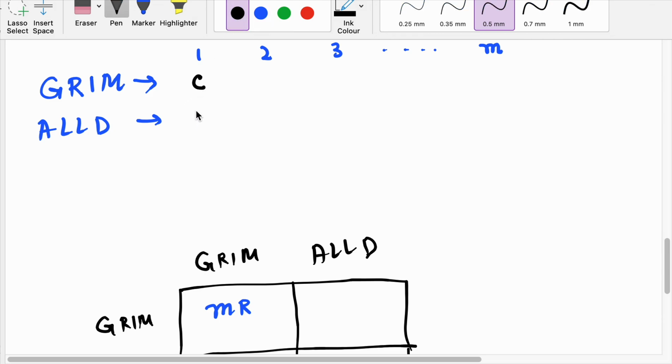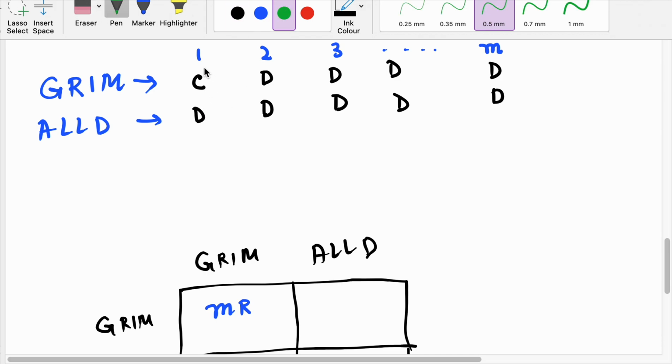All D will defect, and Grim sees that the opponent is actually playing D. So from now onwards, Grim will always defect, no matter what the other player does. So what will be the outcome?